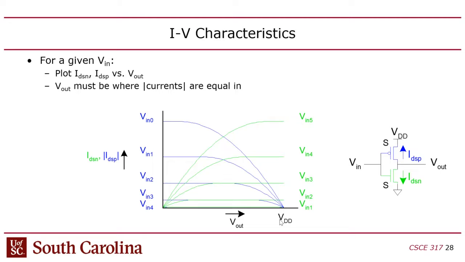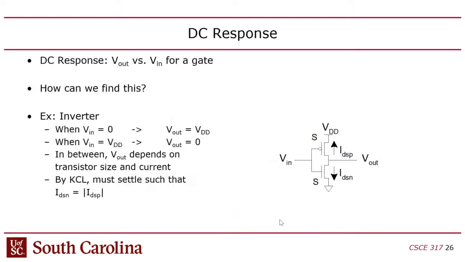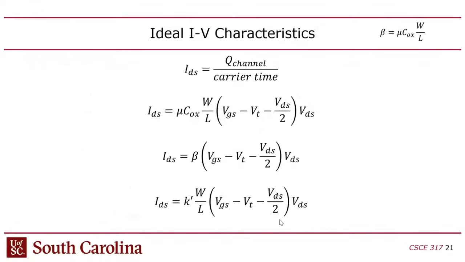Now you might say, how do you know the current? Well, you just solve this equation. This equation will give you the current, assuming, of course, you know beta, so you have to have technology parameters in. Beta has mobility and oxide thickness, and then of course you have to know the size of the transistors with width and length.